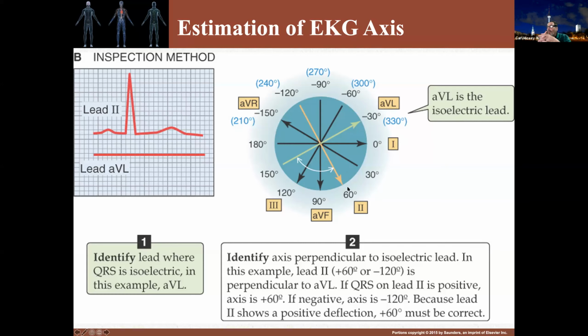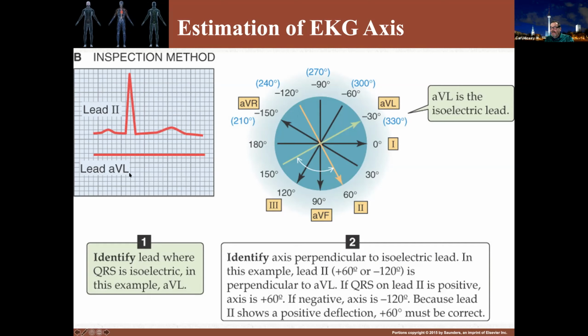Now, how do we know whether we should say our axis is plus 60 or minus 120? The answer is we look at the lead that we chose, lead 2 in this case, and look at whether it's upright or inverted. If the QRS on lead 2 is positive, then the axis is going to be plus 60 degrees.